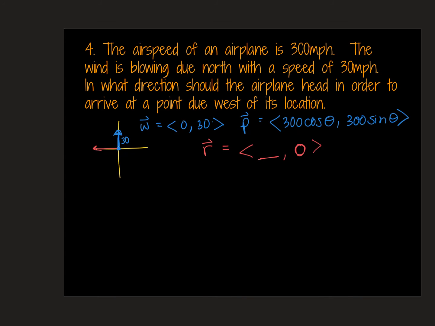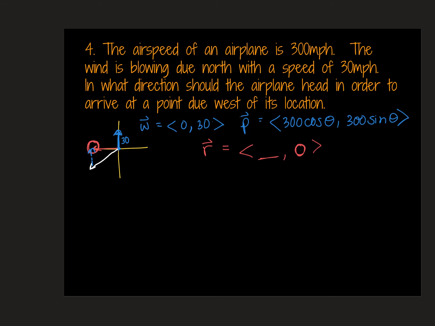So let's picture what's going on here. Again, I have the wind sketched there going north, and then I want the plane to end up here. So since the wind is pushing it north, the plane's actually going to have a heading down here so that the wind is able to push it back north to where it needs to be.